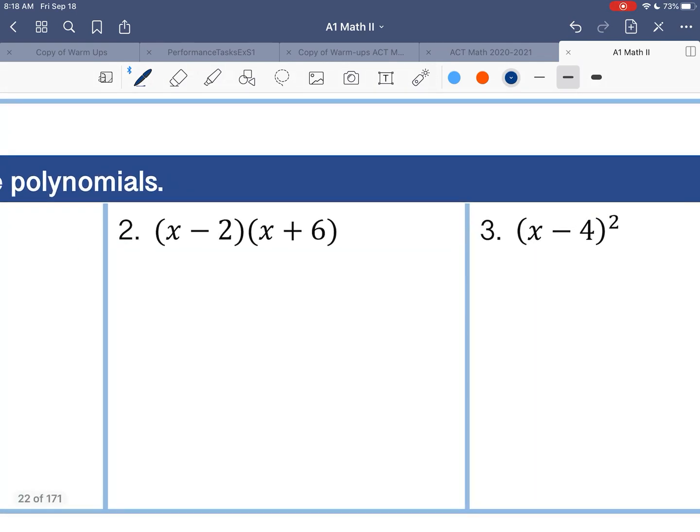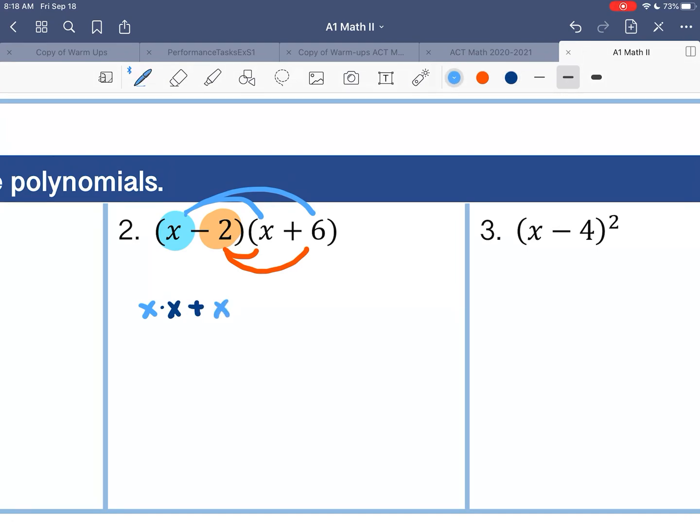Let's try number 2. This is our first example of 2 things to distribute. So I'm going to distribute the negative 2 and the x. Just following along with my lines here, I have x times the x from inside the second parentheses, to make it super clear.